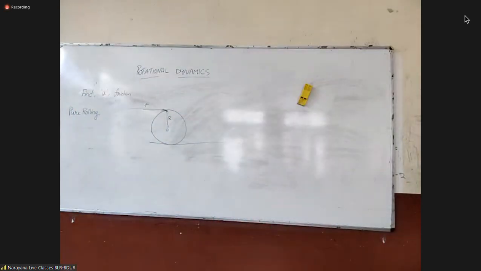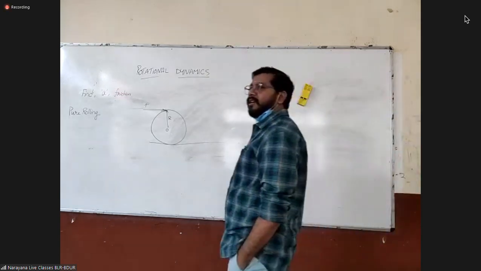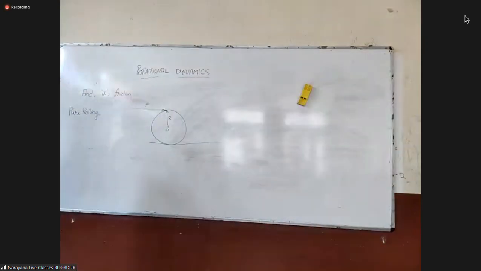A thin ring of mass m and radius r is placed on a rough horizontal floor.